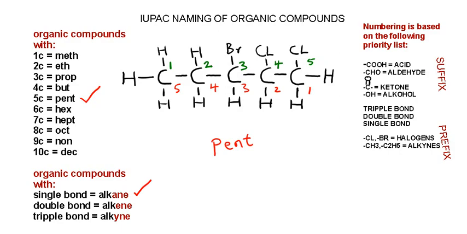So we are going to take ANE from alkane and join it to the pent. It becomes pentane. It becomes what? Pentane.